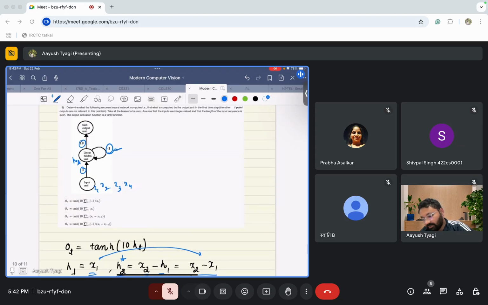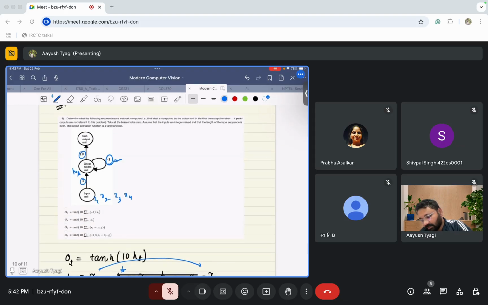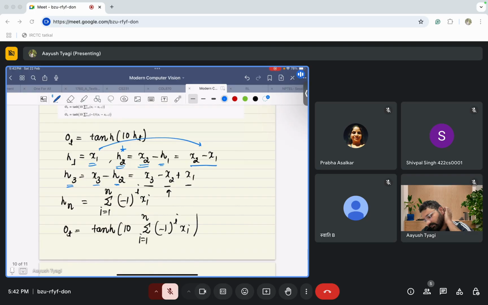And the question says the input is integer valued and the length of the input sequence is even, so we have to consider only the even case. So h of n at the nth step is basically dependent on the sum of -1 to the power of i times x_i. You keep on adding x_i at each step, and you do it for n steps.